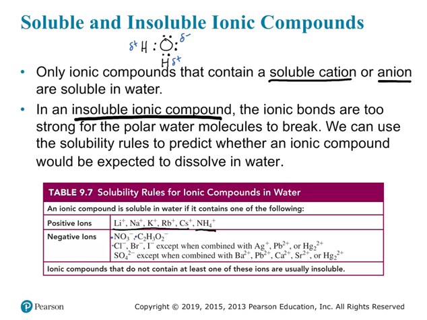And then the halogens or halides, when they're ions, are typically soluble unless they're combined with silver, lead, or mercury, for instance. Sulfate can also be soluble unless it's combined with barium, lead, calcium, strontium, or mercury.